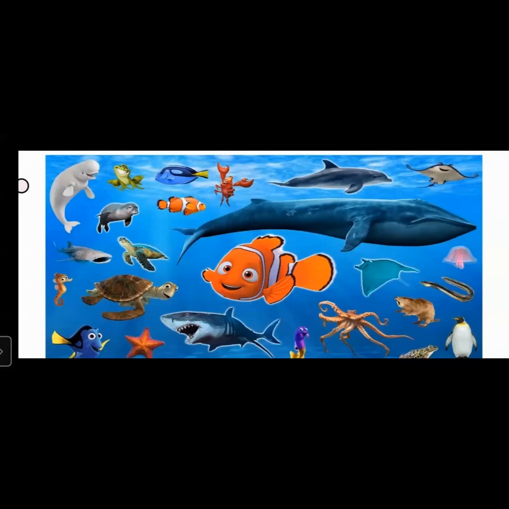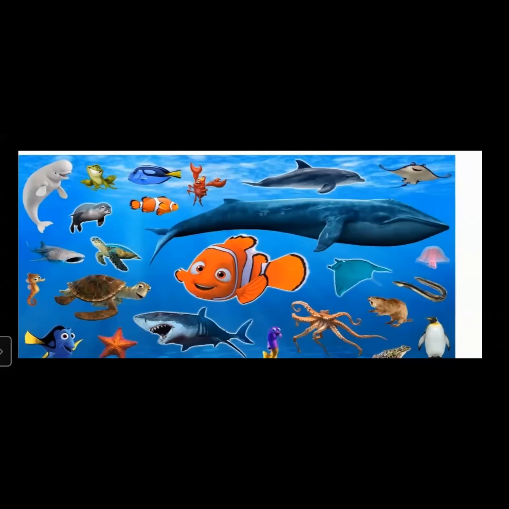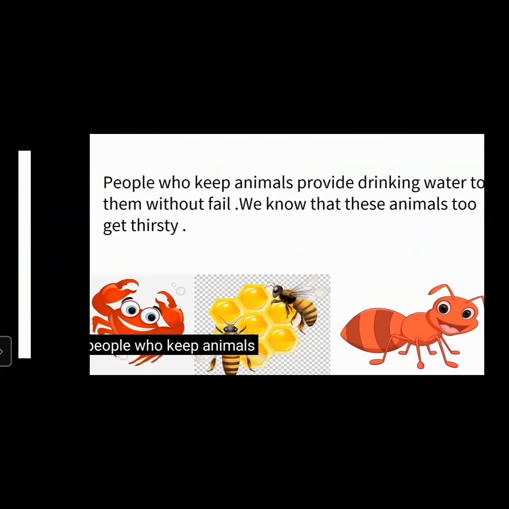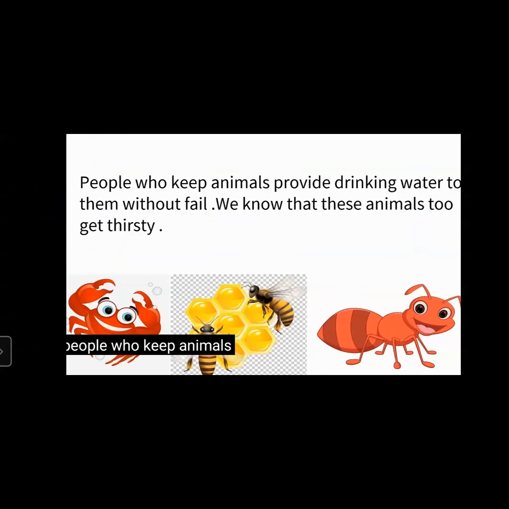They do this because we know these animals get thirsty, right? Thousands of other animals too need water, though we do not realize it. We have many thousands of species of animals, but all of them are dependent on water.